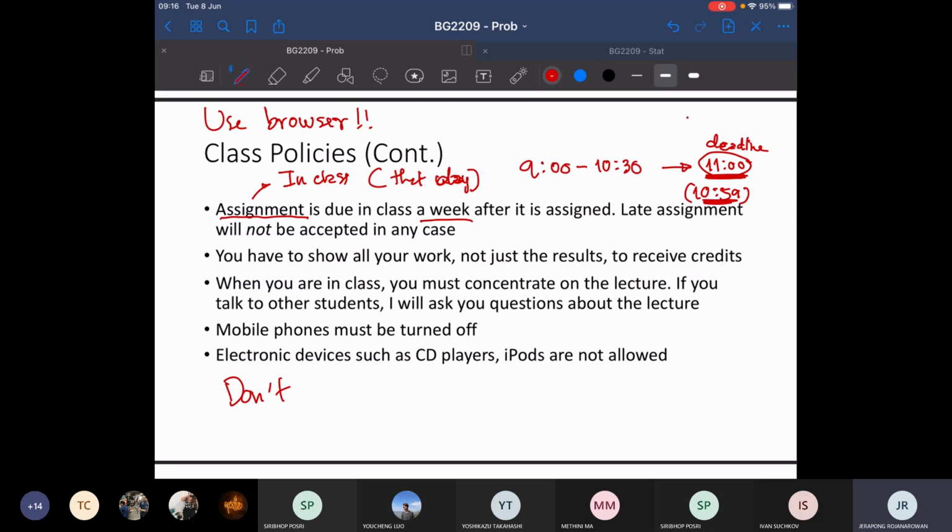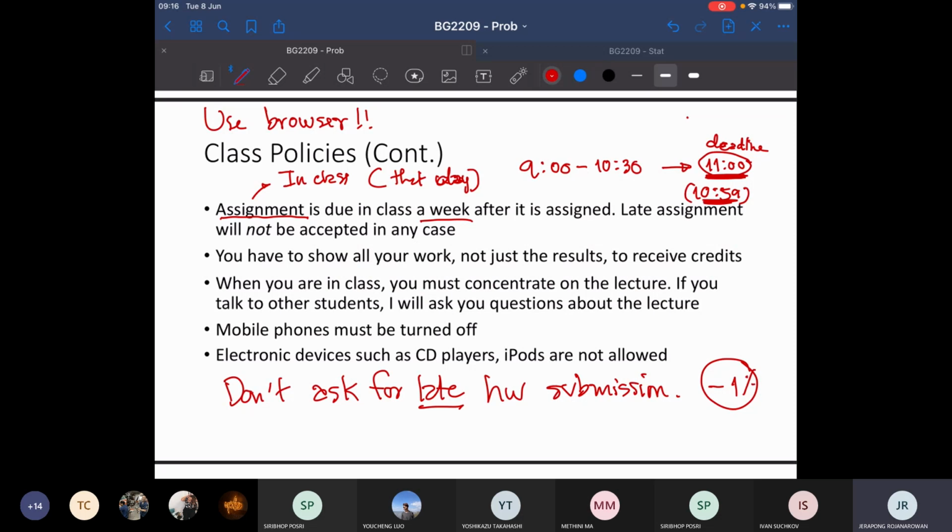And don't come and ask for late homework submission. If you ask for late homework submission, you are going to get -1%.